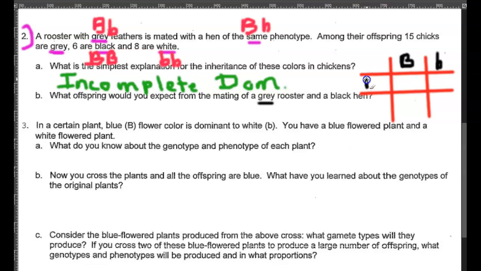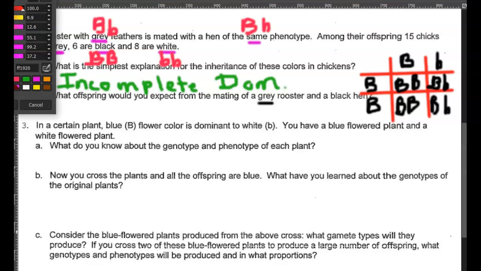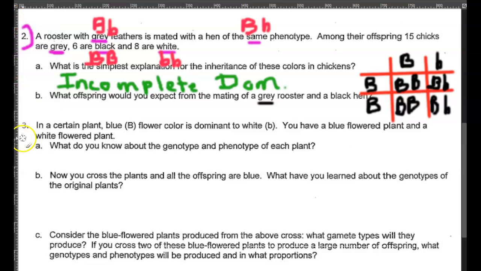Black. Let's fill it out. Phenotypic ratios.